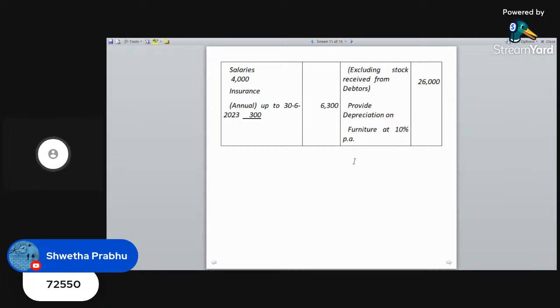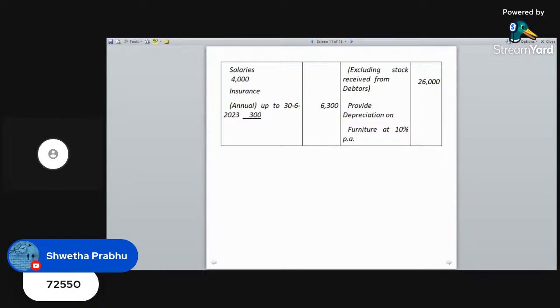Next, provide depreciation on furniture at 10%. There is a furniture item, right? So we have to charge depreciation on furniture, and where do we have to account this?